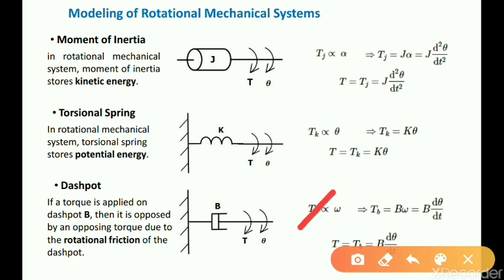So Tb equals B omega, and it is defined in terms of angular displacement, that is B d theta upon dt.